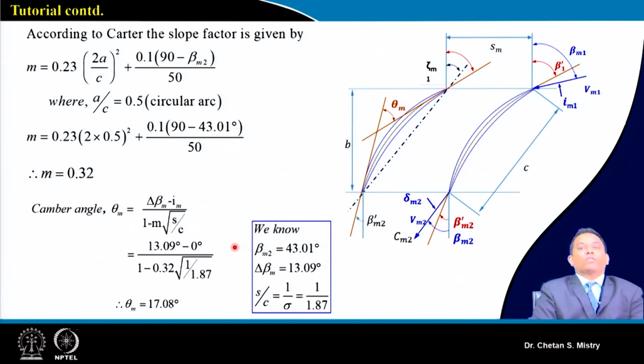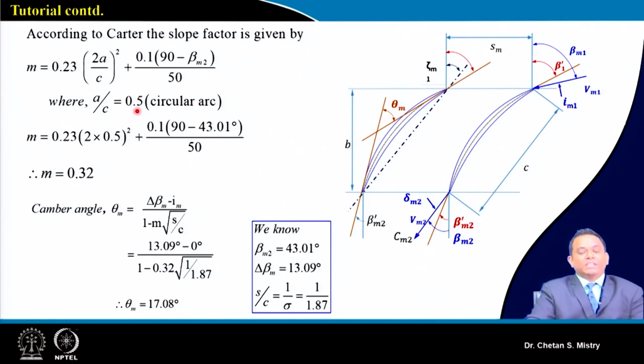We need to calculate the camber angle, the deviation angle, as well as the stagger angle. So we can say this is my circular arc. Be careful here, my Mach number is in the range of 1.4. So we will be going with a double circular arc kind of configuration, and our camber line will be a circular arc camber line.